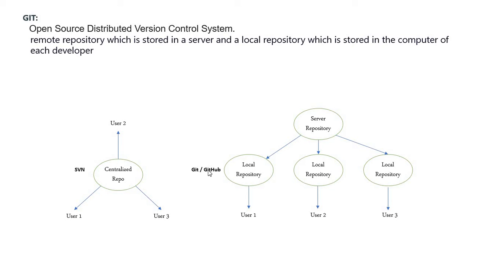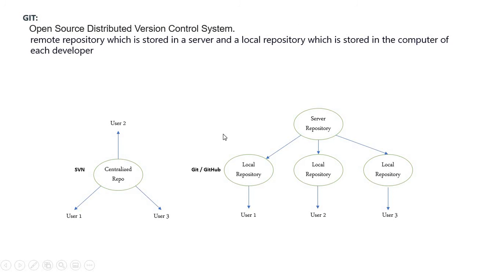GitHub is nothing but a cloud, a storage where we can put all our files. Using Git, we can take all those files by fork or by clone, and then we can commit. So all those things we can do using Git. That is the difference between Git and GitHub. GitHub is a storage, Git is a tool.